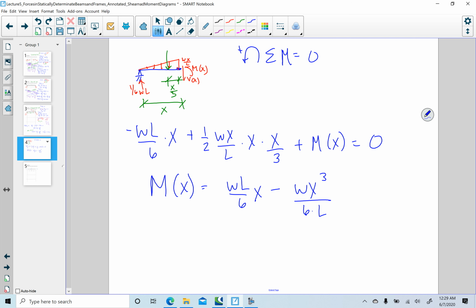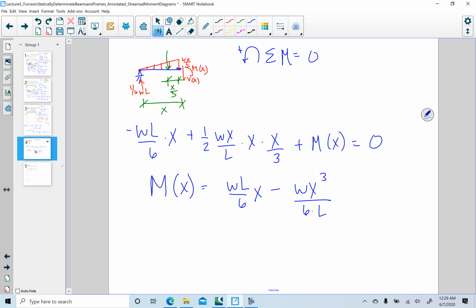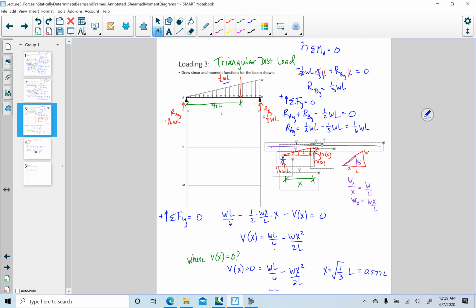So let's take a look at our moment function. WL over 6 times X, I'm going to multiply it by X. WX cubed over 6L, if I take the derivative of that, I would get WX squared over 2L.